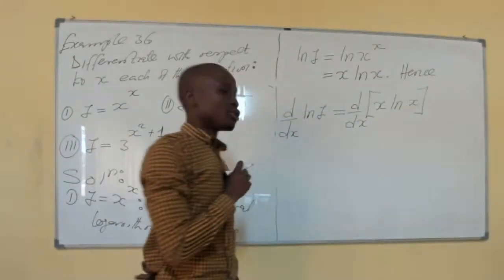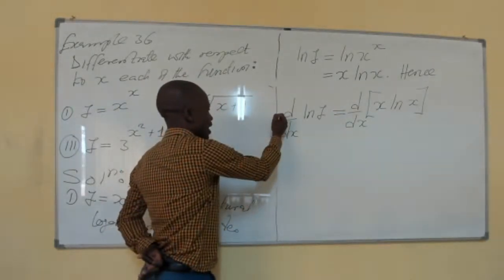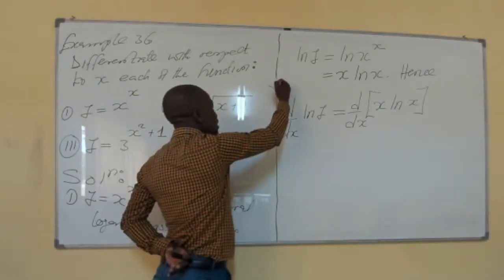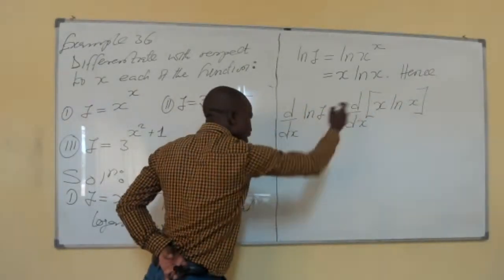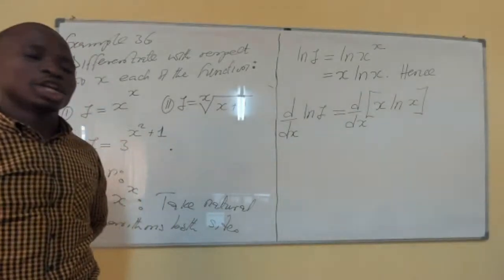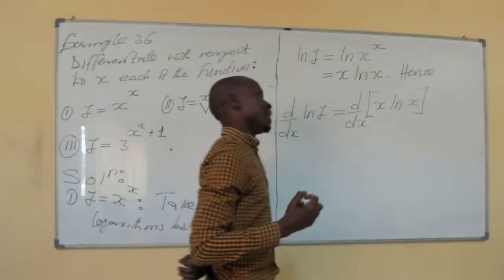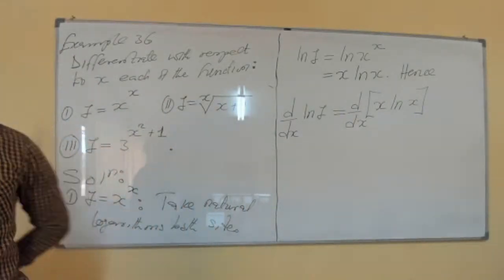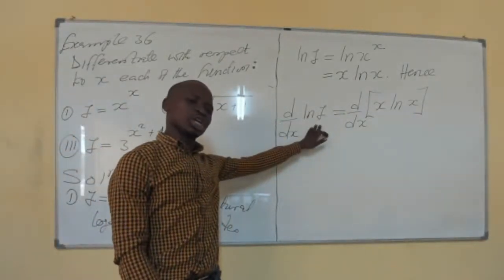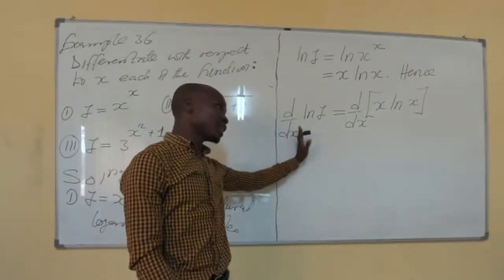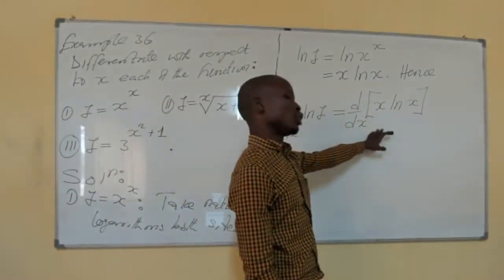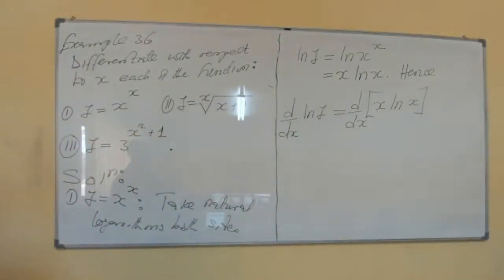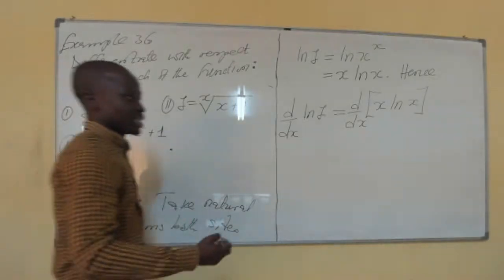On the left hand side of this equation, we apply implicit differentiation together with logarithmic differentiation. On the right hand side of this equation, we apply the product rule. After applying the product rule, we also apply the normal differentiation and the logarithmic differentiation.